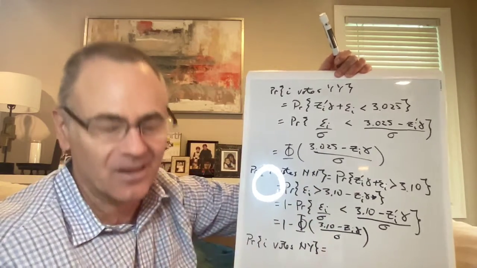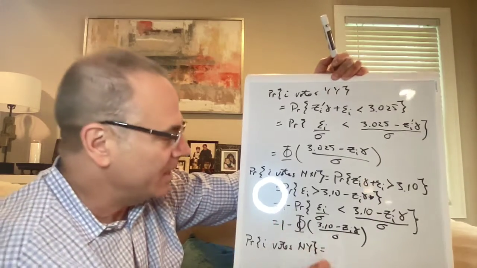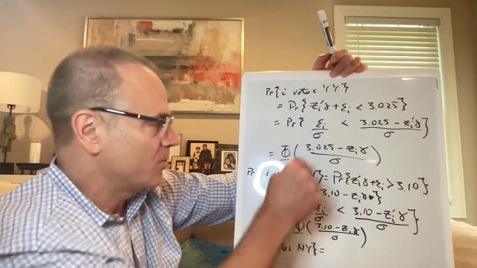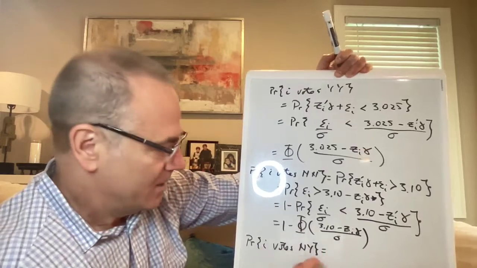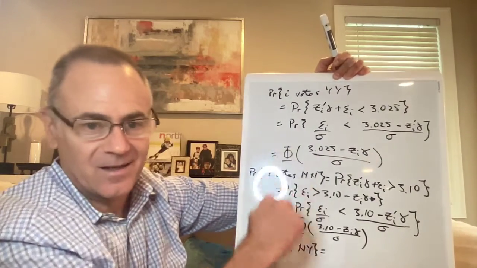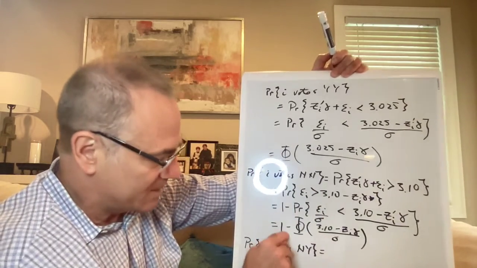We said that the theory rules out the case of yay, nay. So these three terms have to sum to 1. So this term just equals 1 minus these two terms.